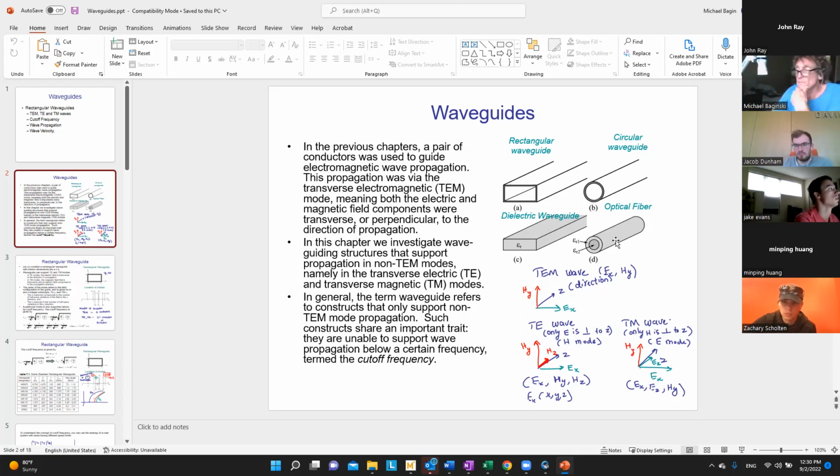Finally, the one that's probably of most interest to a lot of you for the long run are going to be fiber optic guides. In a nutshell, can anybody tell me why fiber optics are so very important? There's a couple of reasons. Well, one is fiber optics carry an enormous amount of information.